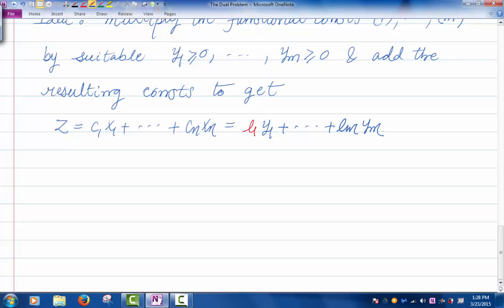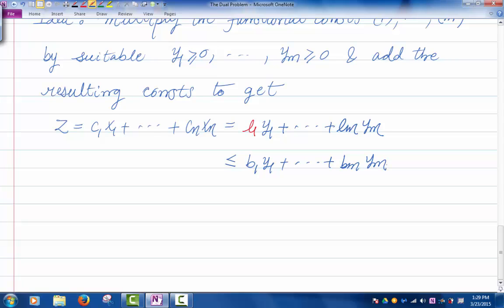When I add them, I want to get the z function, right? When I multiply each constraint by Y1 up to Ym, I add them. So the left-hand side will become the z function. And also, this would be less than or equal to, because L1 is less than B1, right? So this would be less than B1 Y1, ... Lm is less than Bm, and then I get this.